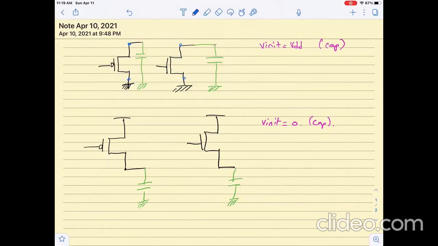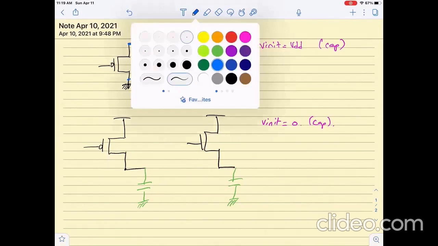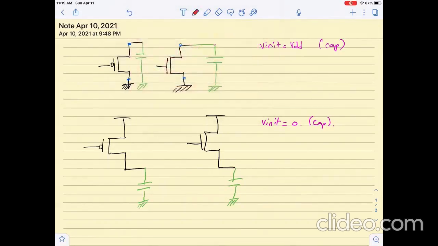On this side, what would turn on the device to connect the output node to ground is a pulse where the input of the PMOS device switches low, and here is where the input of the NMOS device switches high.